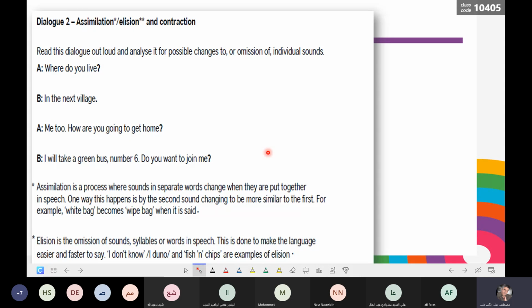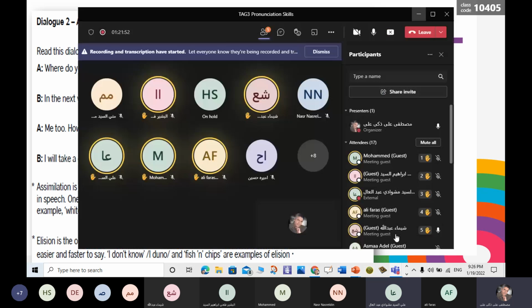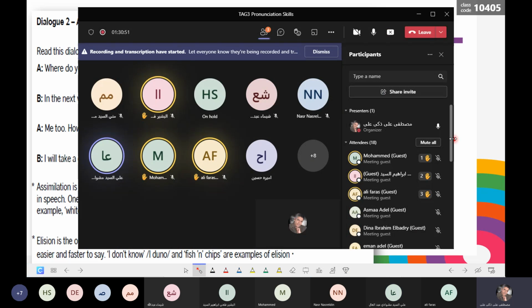Who wants to read it? Mr. Mustafa. Okay, if anyone has raised his hand or her hand, they can comment. We have Mr. Mohamed with us. And who else has raised their hand? Ms. Shaimaa.